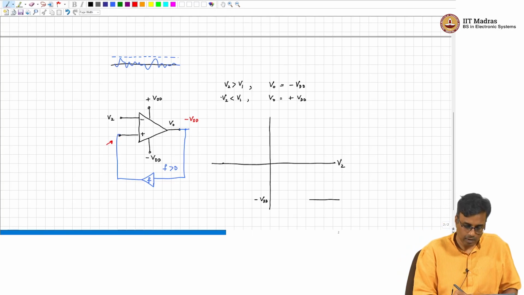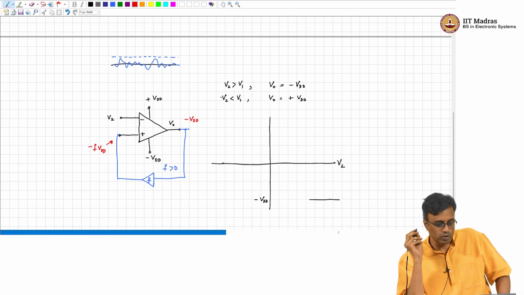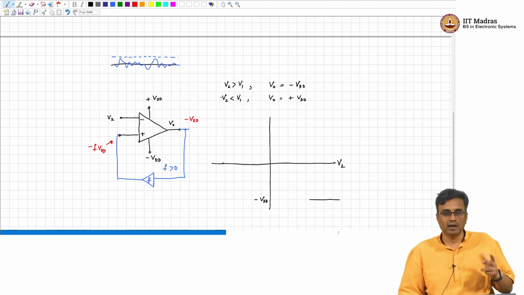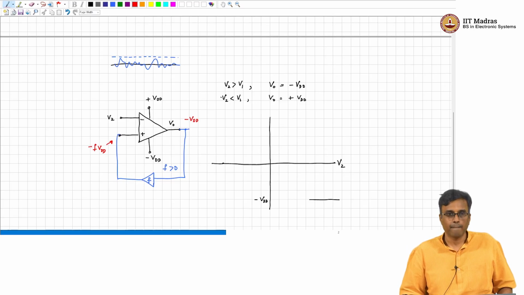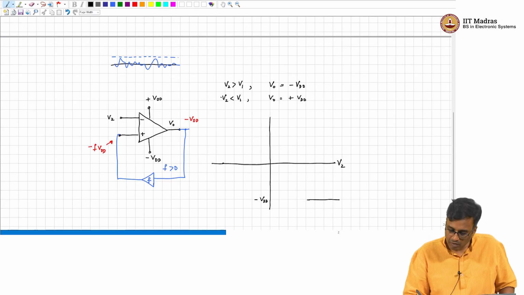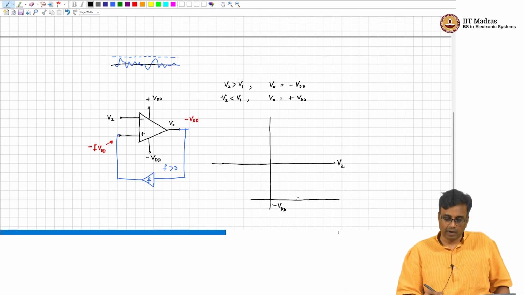Minus F times VDD. All right. So, when will the comparator switch sign now? What should V2 be so that the output flips sign? Minus F times VDD.